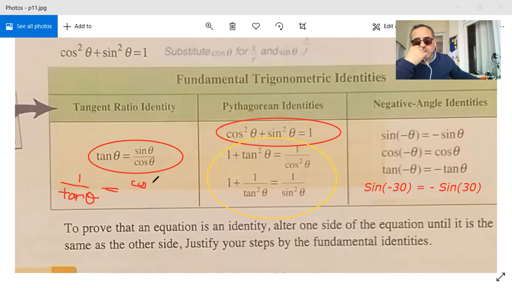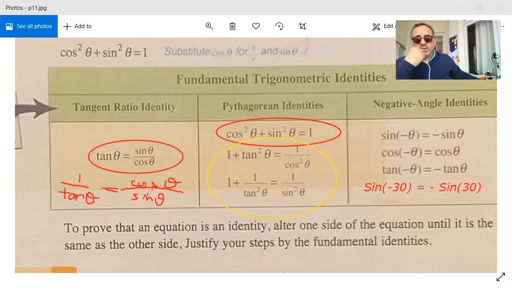Tan equals sine over cosine. 1 over tan equals cosine over sine. We switch it: reciprocal. Sine over cosine is equal to tan, but cosine over sine is equal to 1 over tan theta.